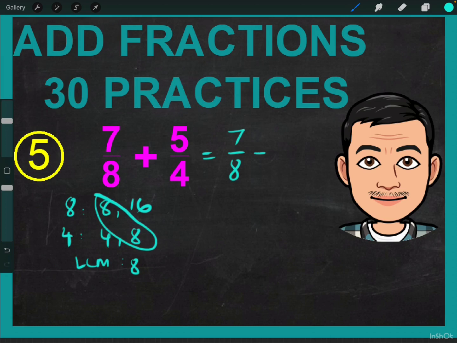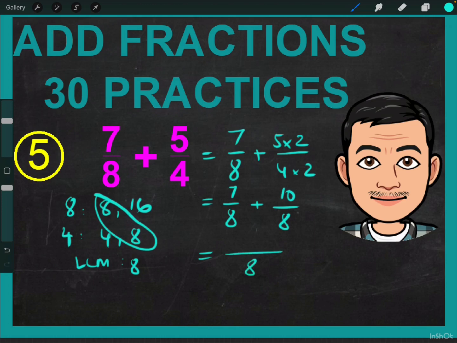But the fraction 5 over 4, we multiply by 2, 5 and then 4, we multiply by 2, equals 7 over 8 plus 10 over 8. Now the two fractions have the same denominator. We can add the two numerators, equals 17 over 8.